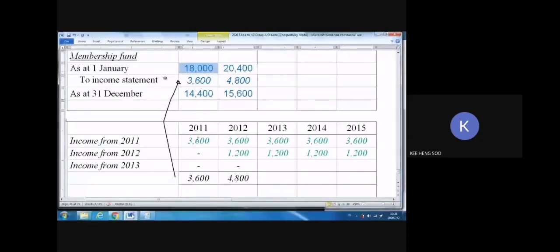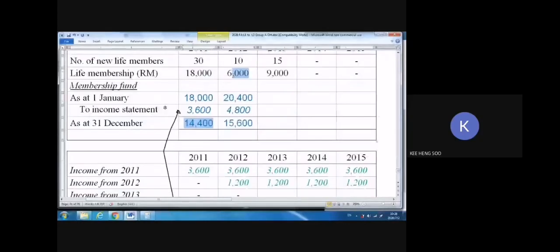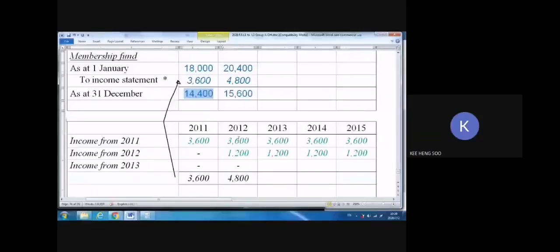Then you add another 6,000, you can get 20,400. Then the second year, because you got 2 already, this is the first year member, this second member, you transfer 4,008.